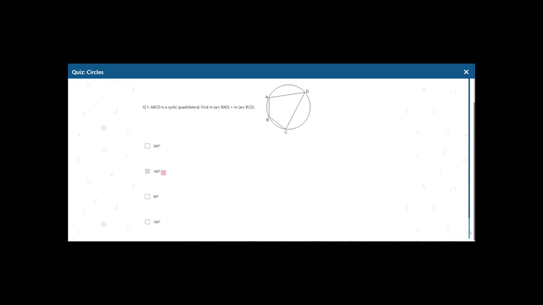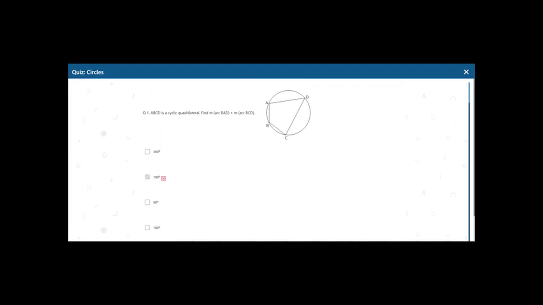Why are they saying measure of arc? Measure of arc BAD made at the center plus BCD made at the center. How much will it be at the center? It is not BAD and BCD, it is measure of arc BAD and arc BCD.